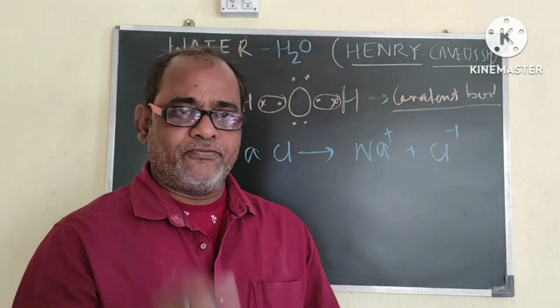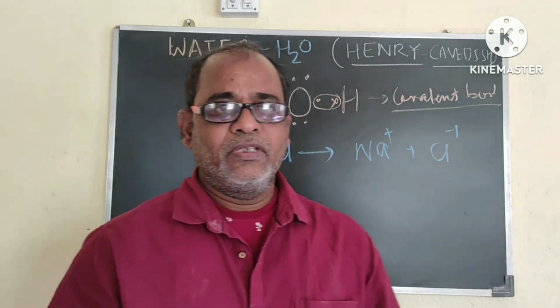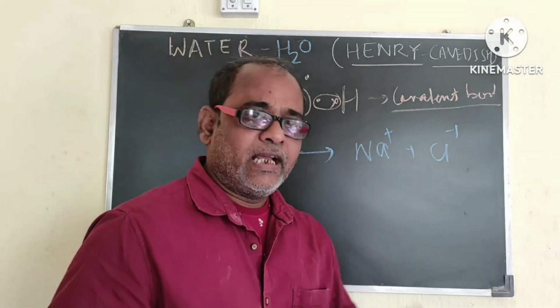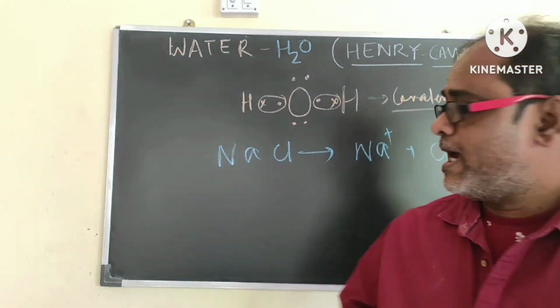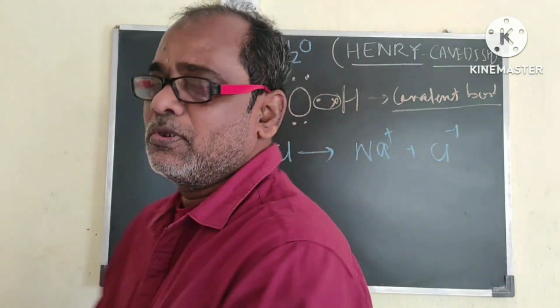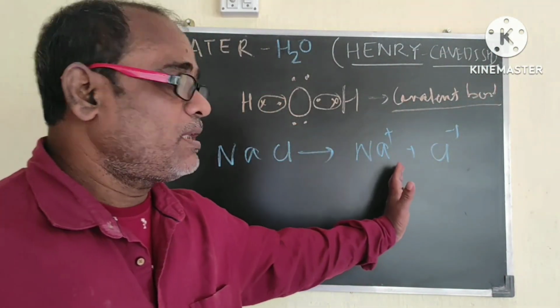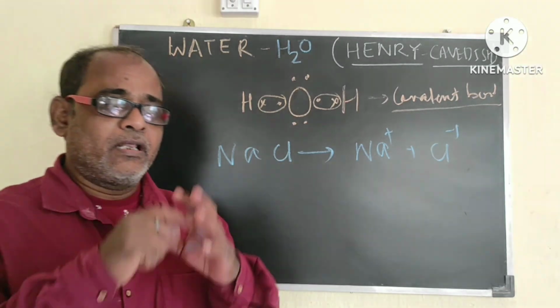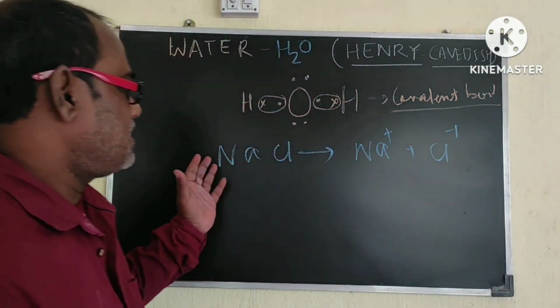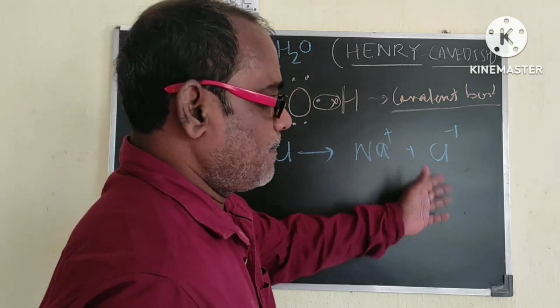The positive polarity of water attracts the negative chloride, and the negative polarity of water attracts the positive sodium on the other side. In this way, the salt gets broken up, and hence it has been changed into this format.